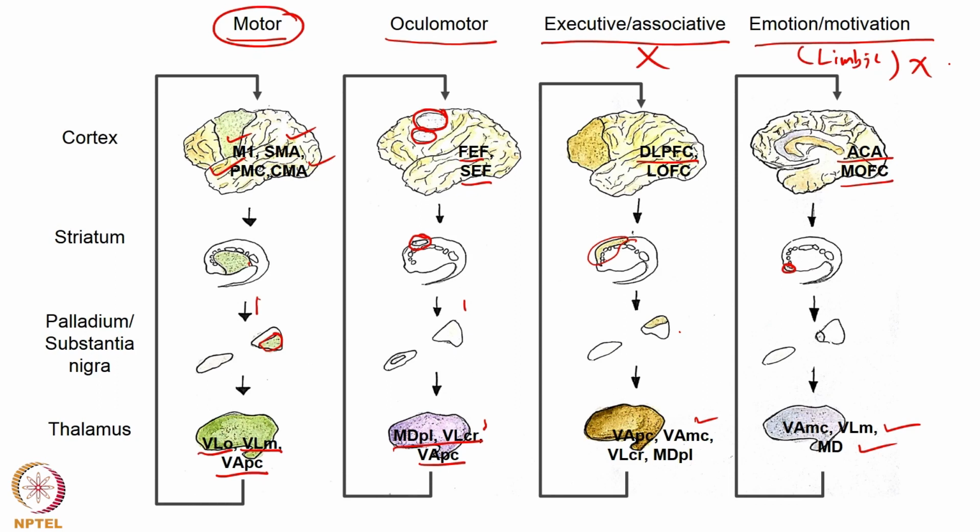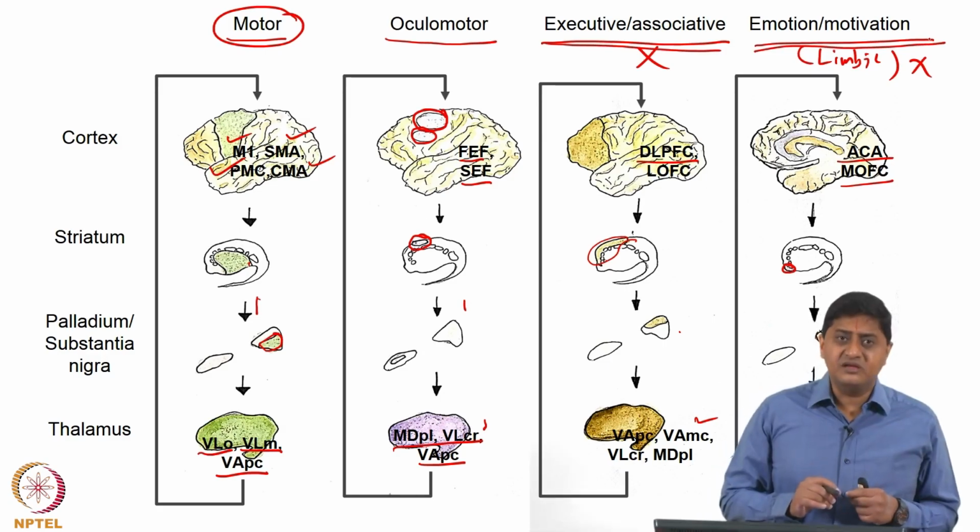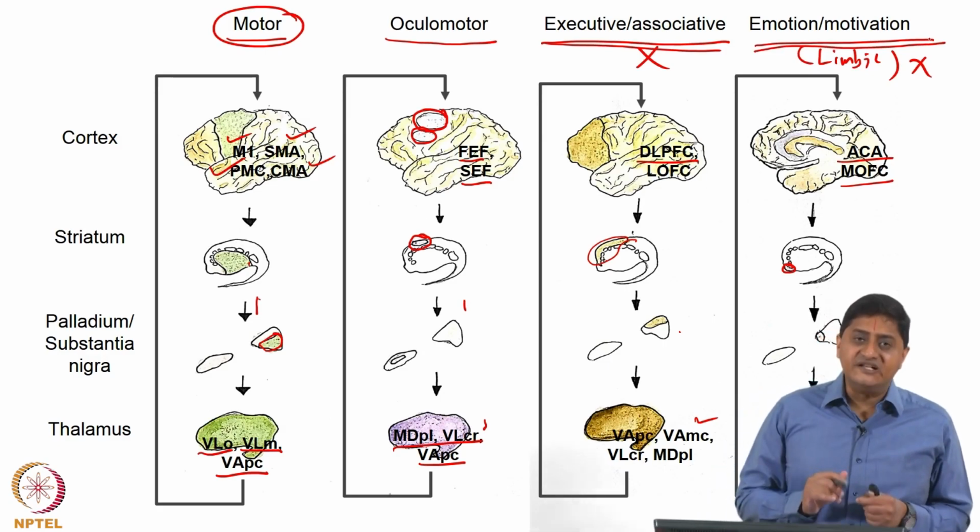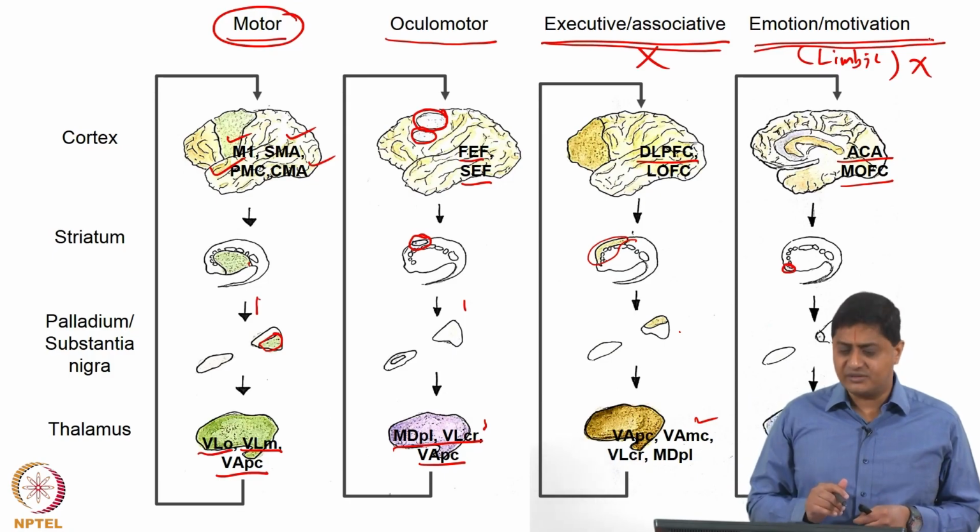So, we will only be discussing the motor functions of basal ganglia, and much less of executive and emotion or motivation related functions. The only exception being the role of dopamine, where we will discuss important reward related behavior.